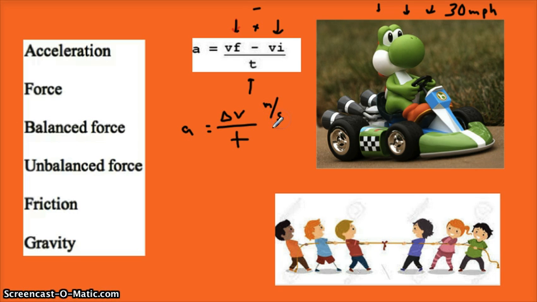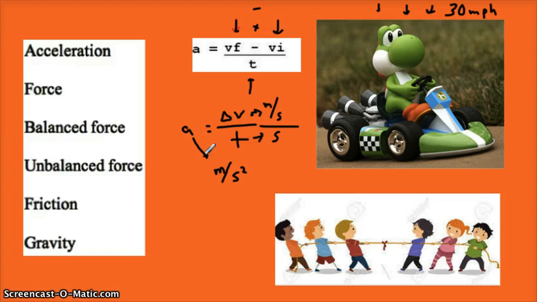Now the time, you can probably imagine what the time would be. The time would be in seconds, as you know what that is. So that's meters per second per second, which, shortened, is meters per second squared. So when you're looking to find acceleration, it is going to be in meters per second squared.